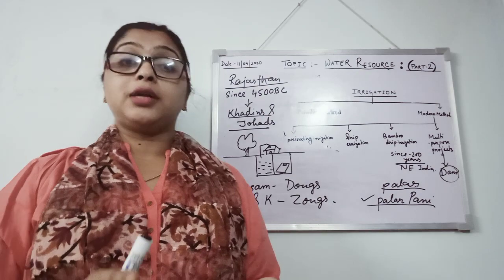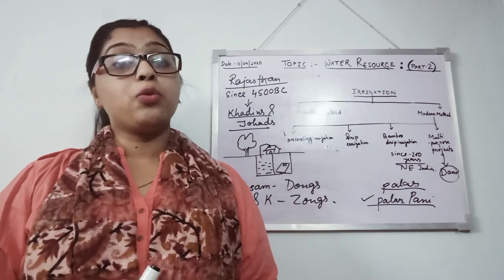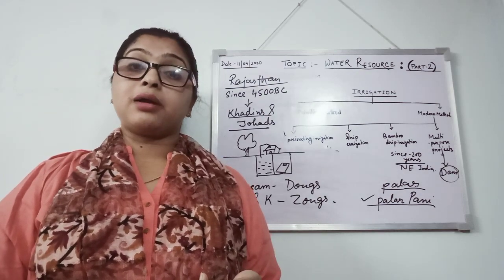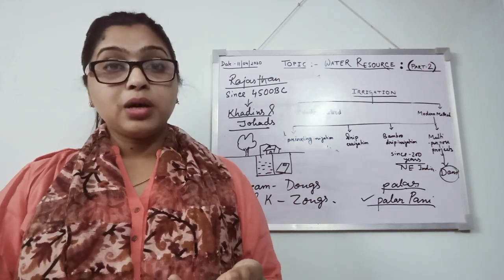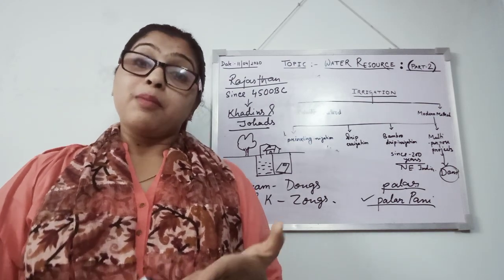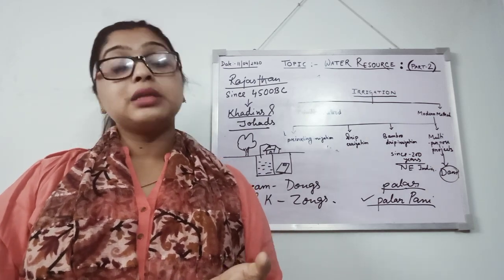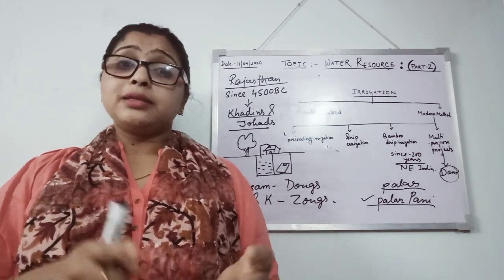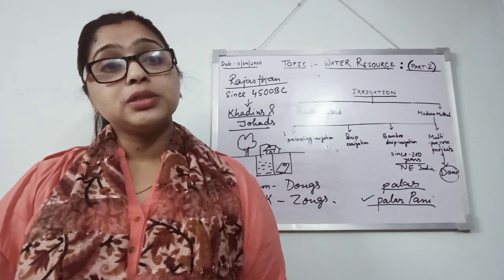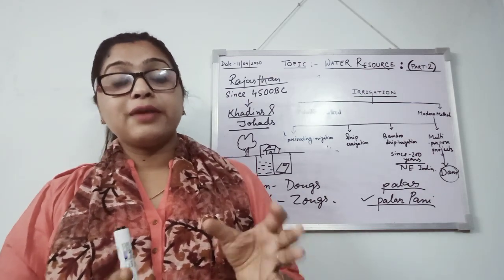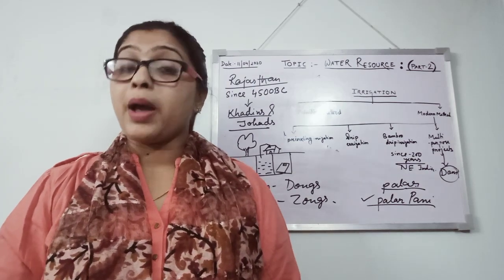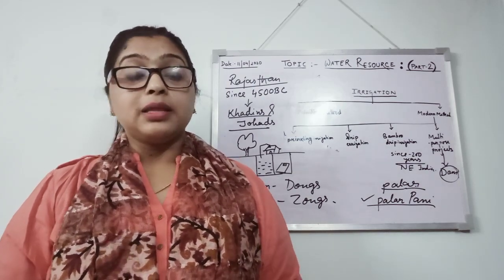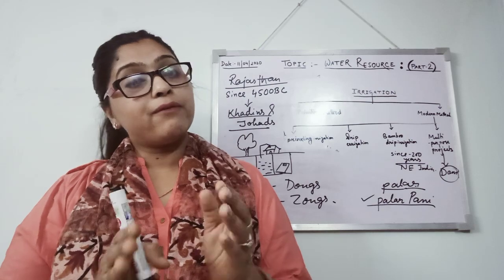So practice the diagram in your book as well as what it is. Sometimes the exam asks about different methods. In the 2018 exam, a question asked for examples of 2 states where rooftop rainwater harvesting is practiced. These kinds of questions are asked every time.